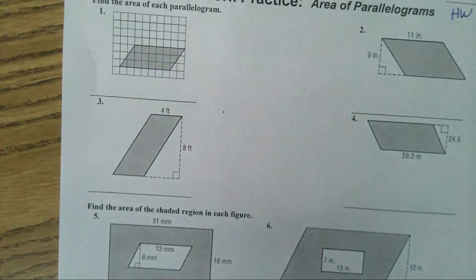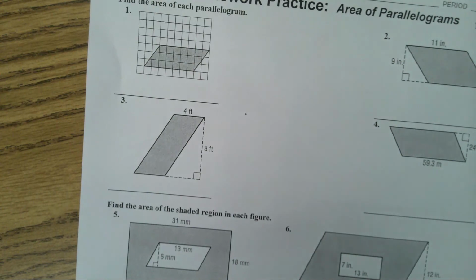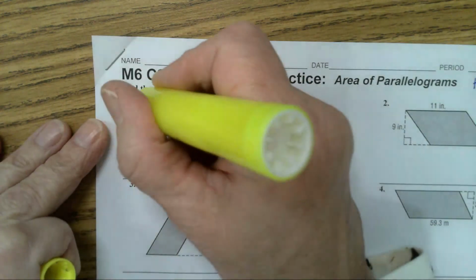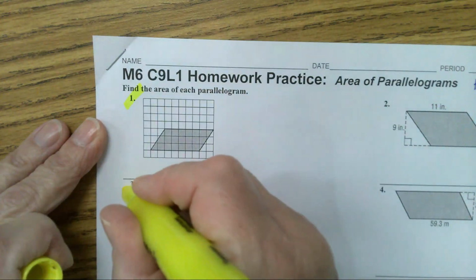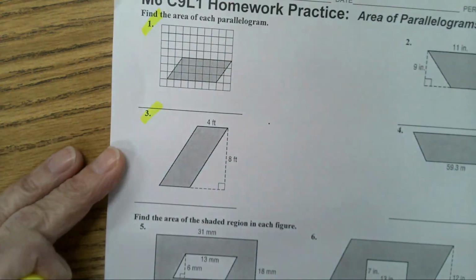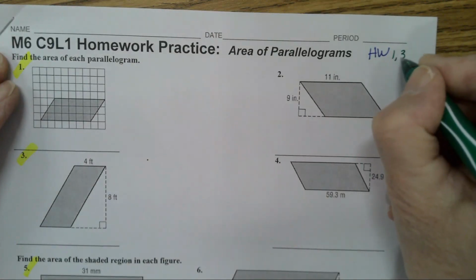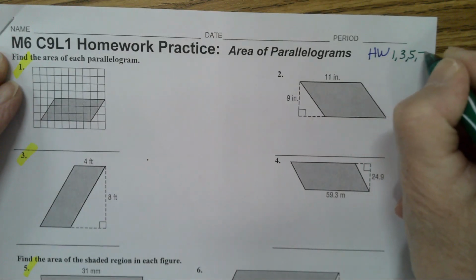Now, on the parallelogram problem, I'm going to have you do 4 problems. On this one, I want you to do number 1, number 3, number 5, and number 7. Do 1, 3, 5, and 7 for homework on this.